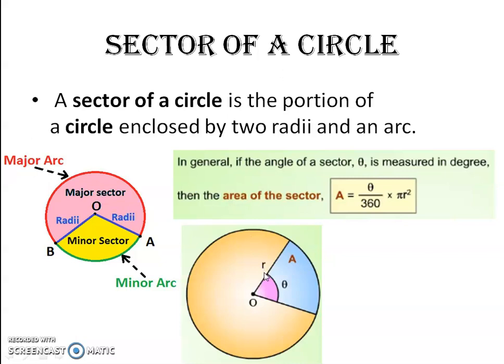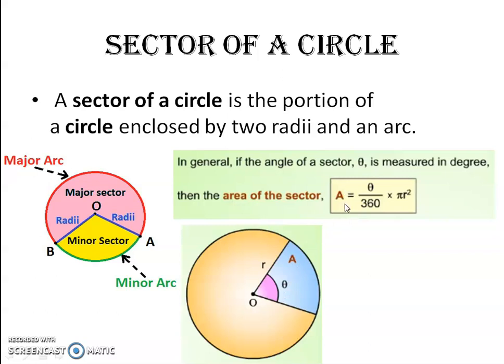Now, how will you calculate the area of a sector? Now, this is a sector given to you. The circle with center O, the radius of the circle is r, and the angle subtended by the two radii is theta. So, what is the area of the sector?